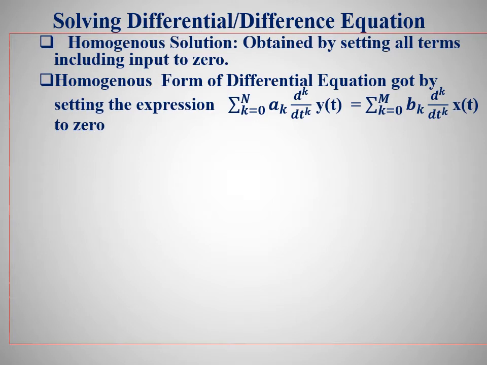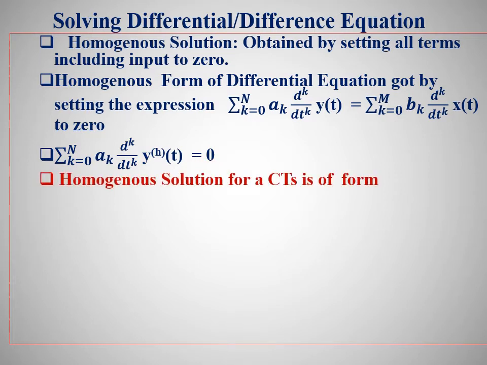The homogeneous differential equation is got by equating this particular term to 0. So this becomes summation k equal to 0 to n of a k d power k by dt power k of y h of t, equal to 0.